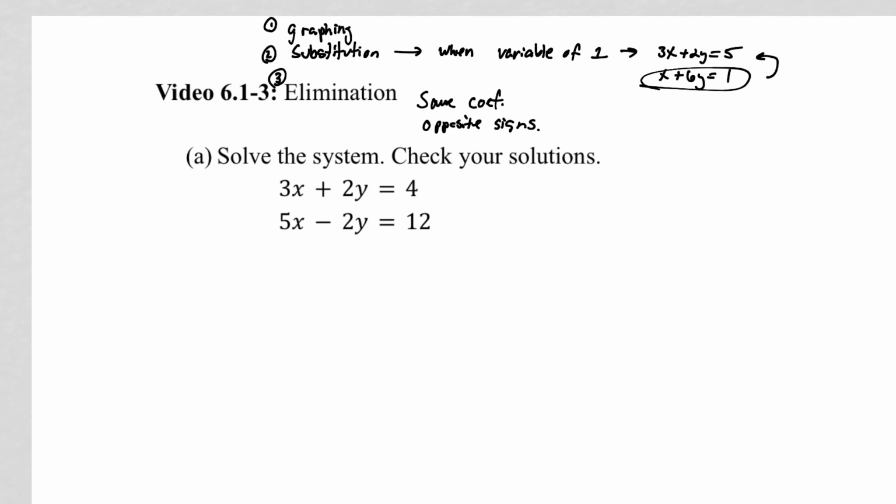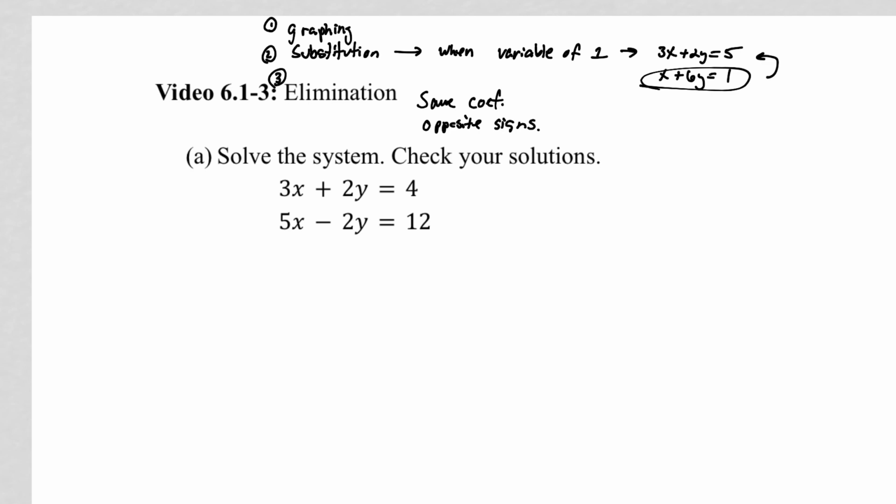So, notice that we have two equations, and right now they are aligned. The x variables are aligned, the y variables are aligned, the equals signs are aligned, the constants are aligned. That's very important to start the process of elimination. Now, a real question is, should I use substitution?